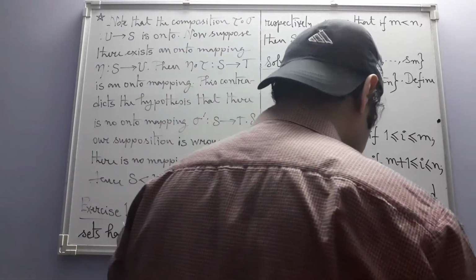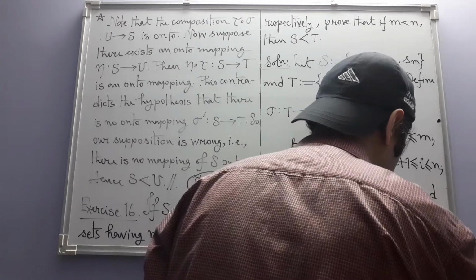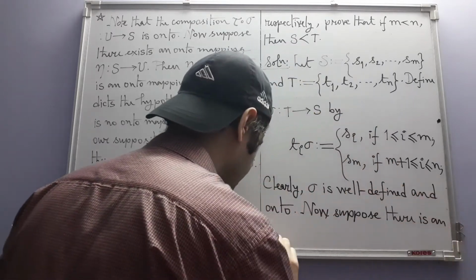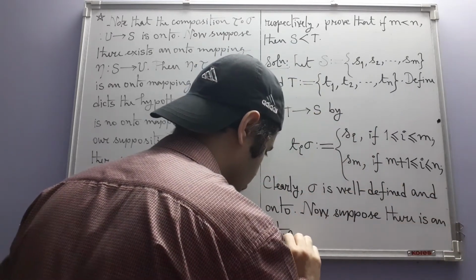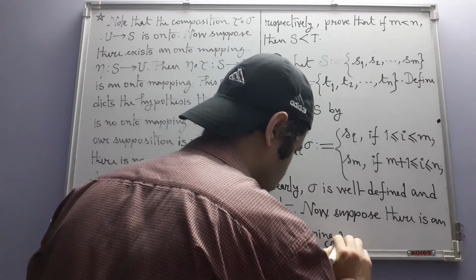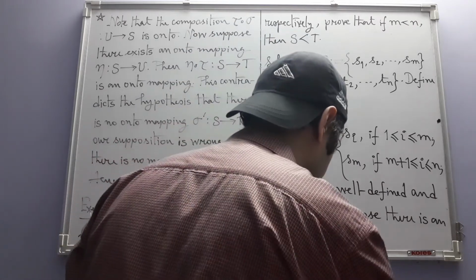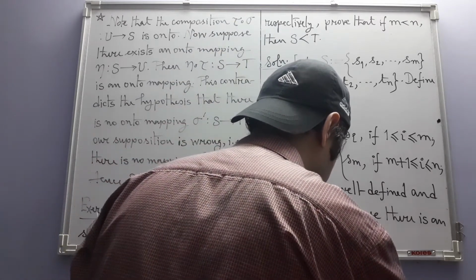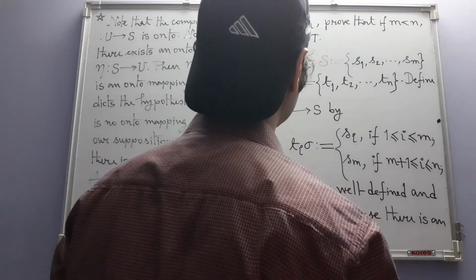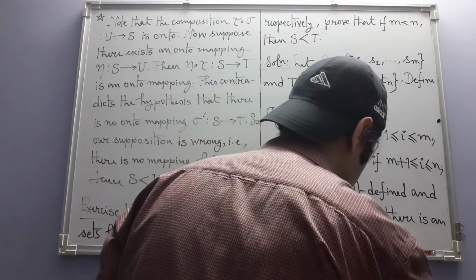So suppose there is an onto mapping eta or tau, also I could have taken tau from S to T.